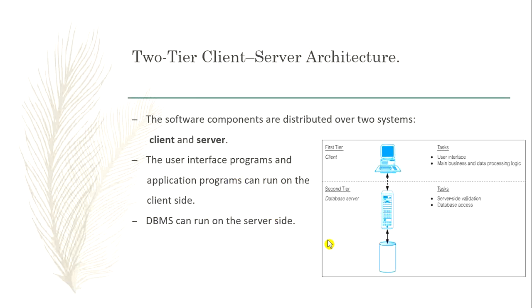And the server side will host the database management system. So here the client has the user interface and application program to interact with the database server. Whenever it wants to access data, it will send a request to this server, and this server will allow access to the database because it is hosting the DBMS.